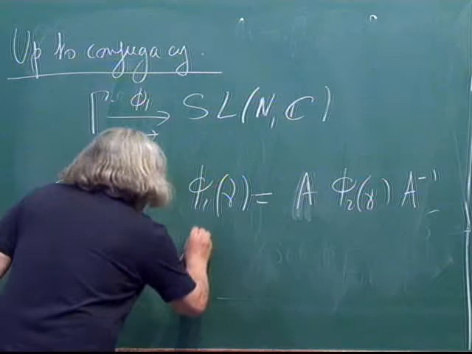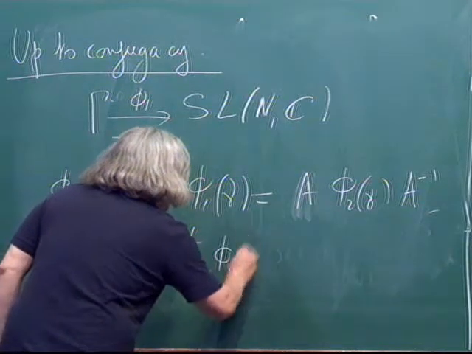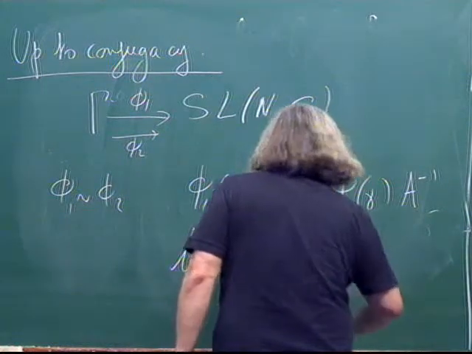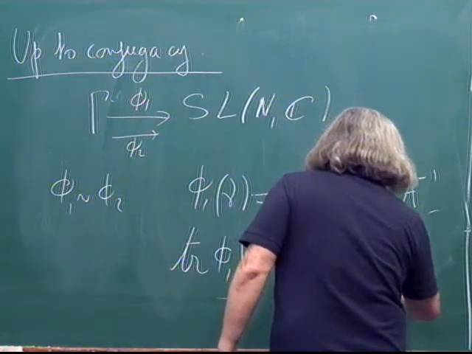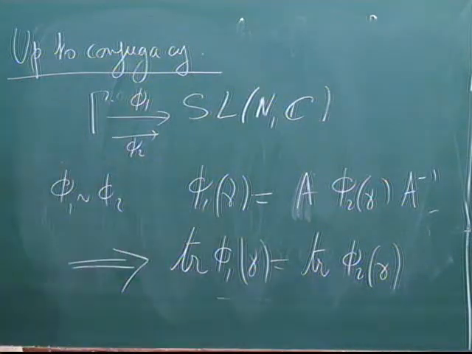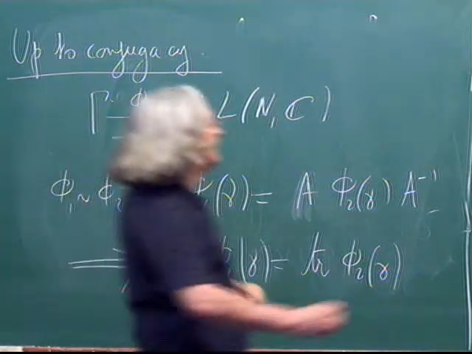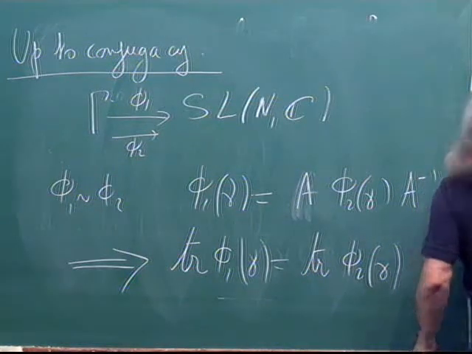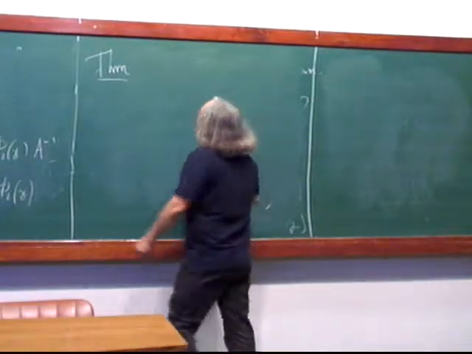So you have trace of phi 1 of gamma is equal to trace of phi 2 of gamma. And the question is: is this condition sufficient to guarantee conjugacy? And here's the theorem. This is a theorem that Poincaré is using with no proof.